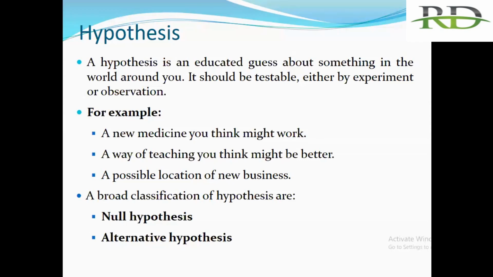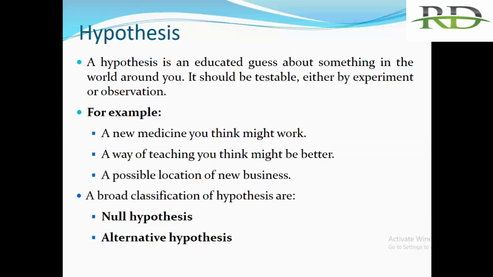Null hypothesis always means hypothesis of no difference. What do I mean when I say hypothesis of no difference? Suppose I say that the average height of participants attending this training program is 155 centimeters. This means that the average height and my estimation of height are the same, so there is no difference in the height.